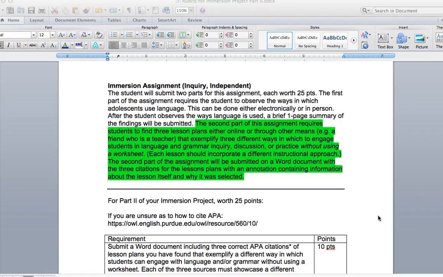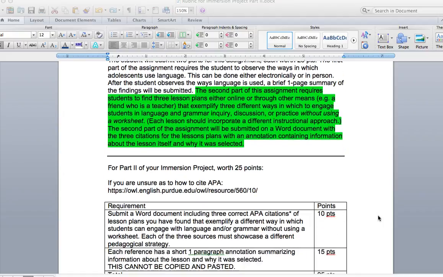Each lesson should incorporate a different instructional approach. So if you chose one that utilized the Socratic circle, you can't have another lesson that uses the Socratic circle. You'll submit a Word document with 3 citations for the lesson plans with an annotation containing information about the lesson itself and why it was selected.